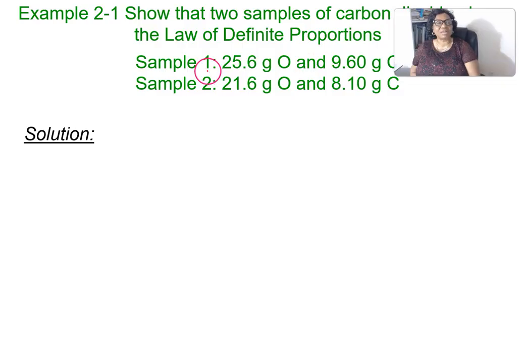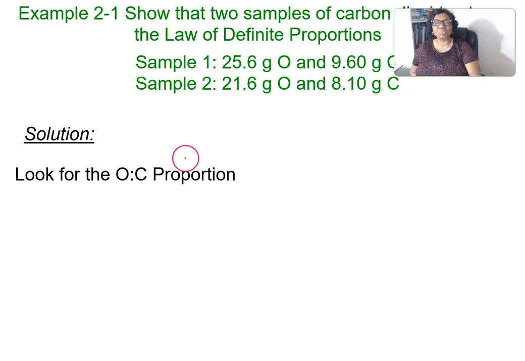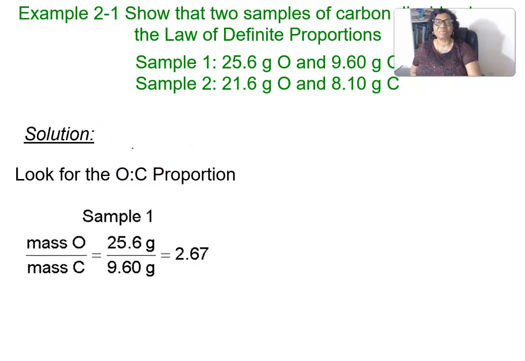So we have sample 1, and in sample 1, we have 25.6 grams of oxygen and 9.6 grams of carbon. Now we are going to find the ratio of oxygen to carbon in sample 1. The proportion of oxygen and carbon in sample 1 is 2.67. That is for sample 1.